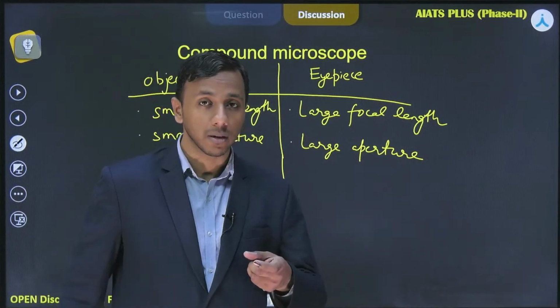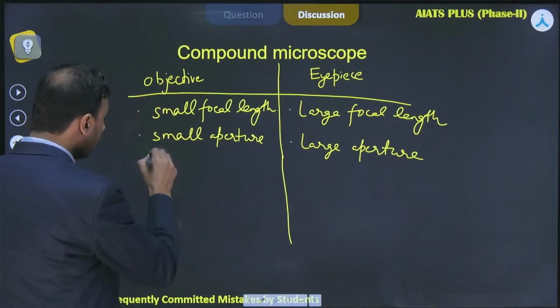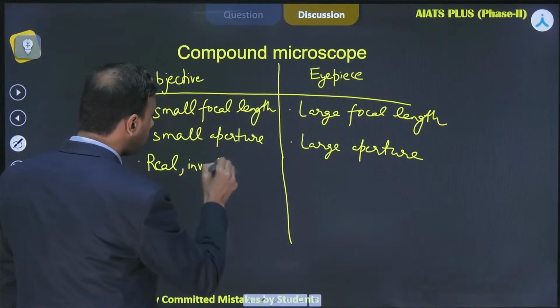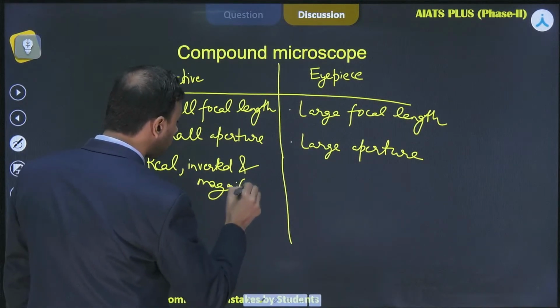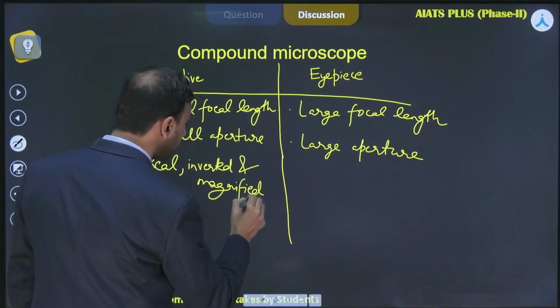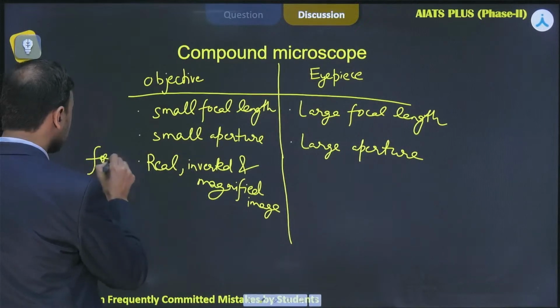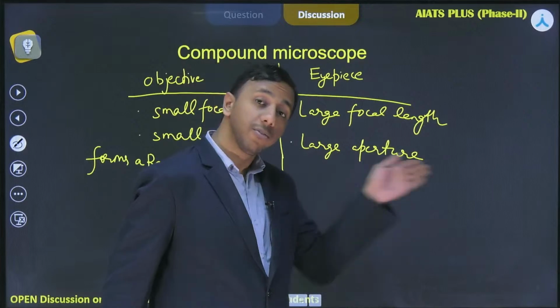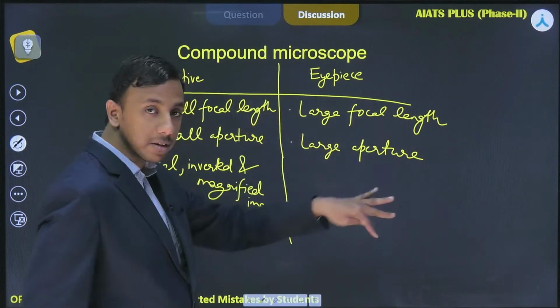How are the images formed? This also you need to remember, the ray diagrams. The objective lens forms a real, inverted and magnified image. And the eyepiece also forms a magnified image, so it will magnify this magnified image even further.